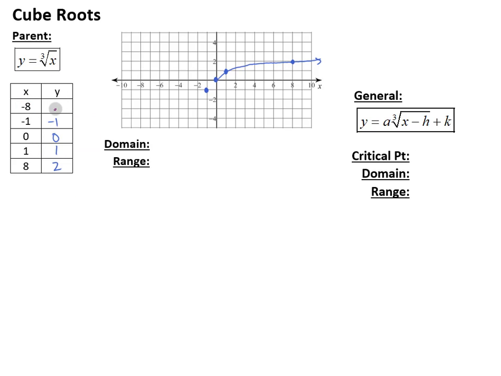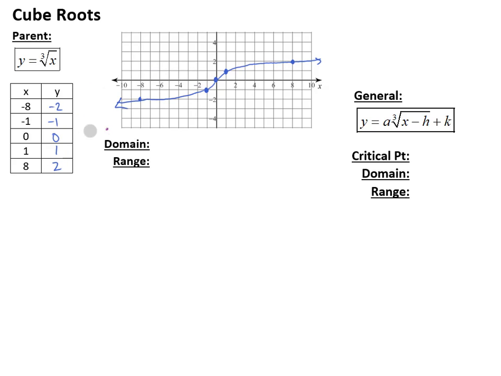If we plug that in, that's negative 2. So negative 8 is down at negative 2. And we get this graph that actually has 180 degree, I missed my point a little bit, 180 degree reflective symmetry, or rotational symmetry, I should say, over the origin. But we get a graph that does continue down and to the left forever.